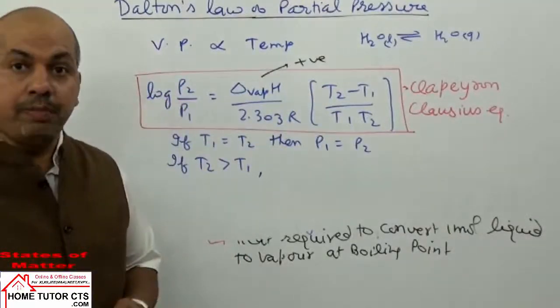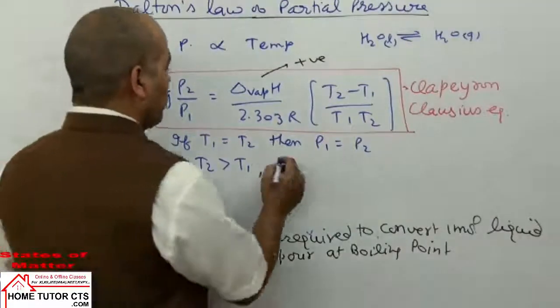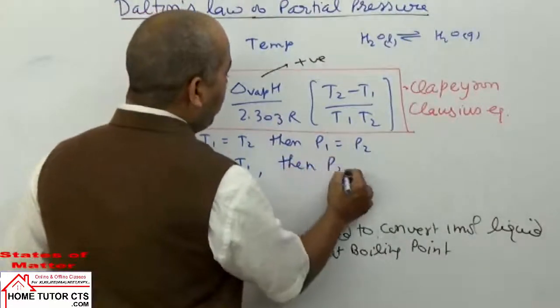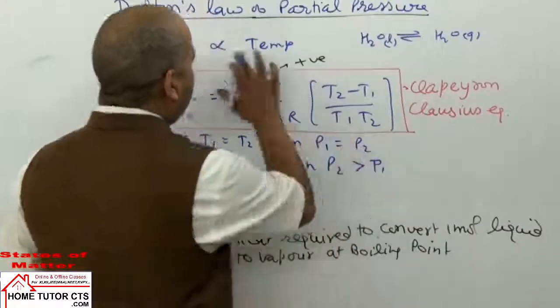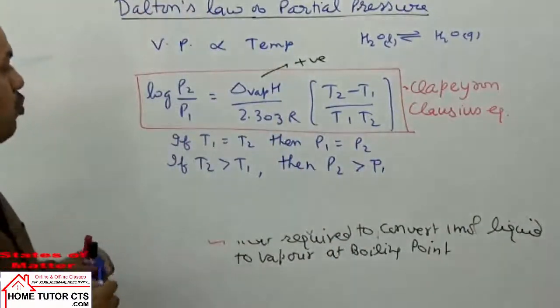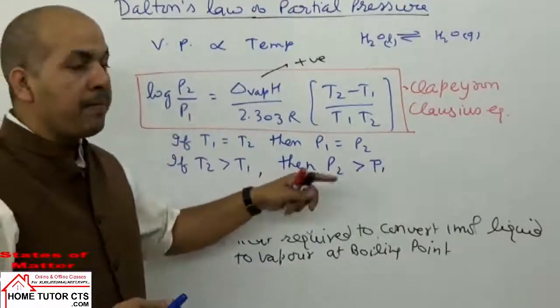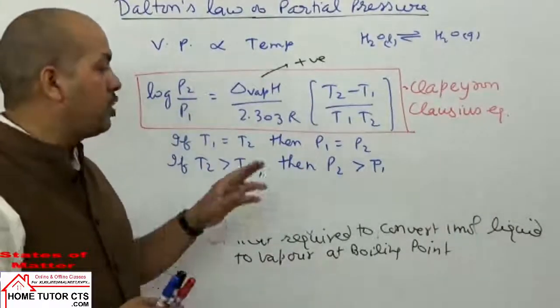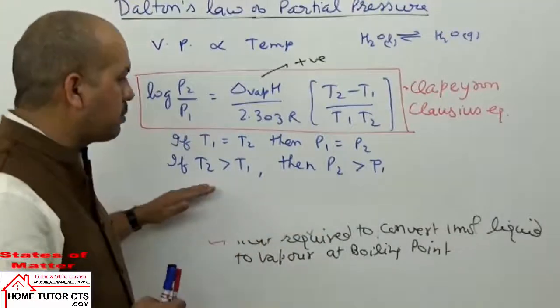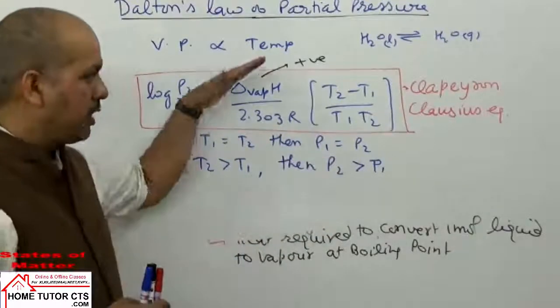The ratio of P2 by P1 increases. That means P2 becomes more than P1. That means for a liquid, vapor pressure is directly dependent on temperature. With rising temperature, the vapor pressure will increase. By this expression it can be seen, and I hope it is clear.